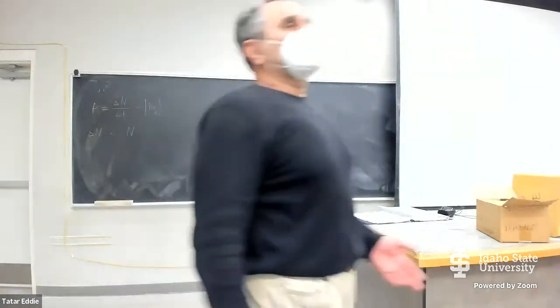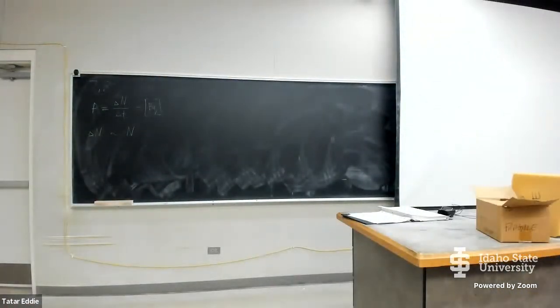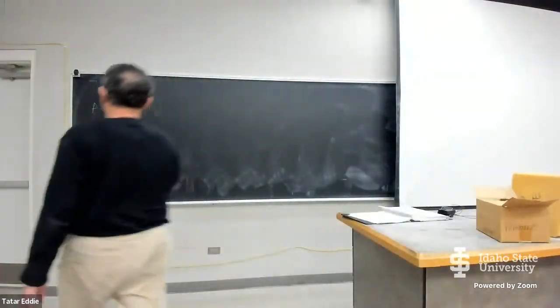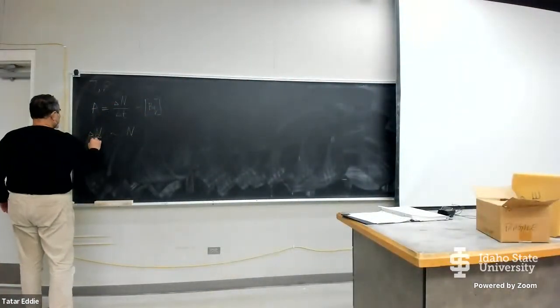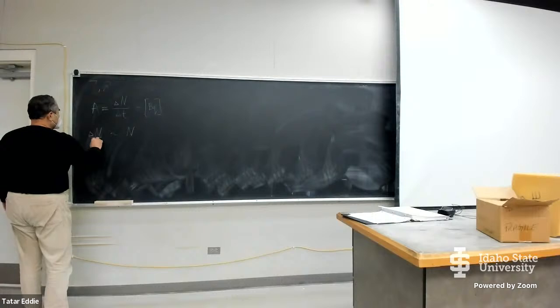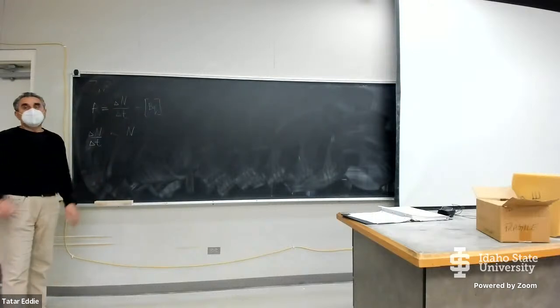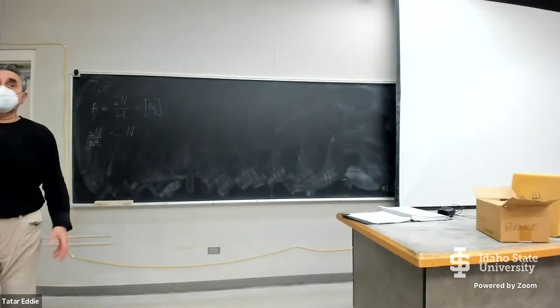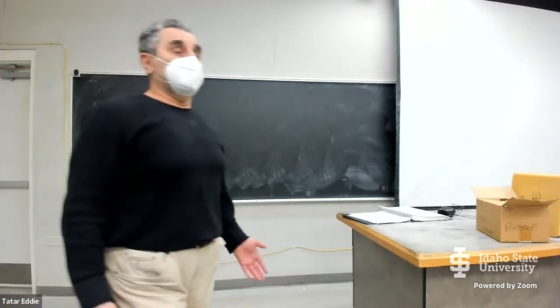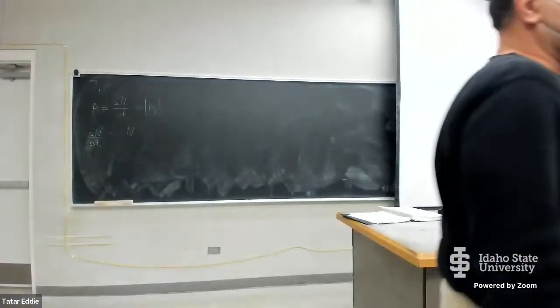And of course, you're going to have a larger number of disintegrations if you observe for a longer time. But per unit time, you have a number of disintegrations proportional to the number of radioactive nuclei in your sample.